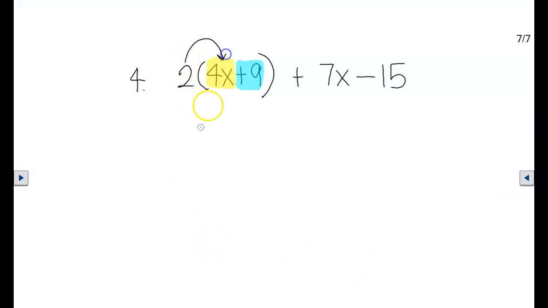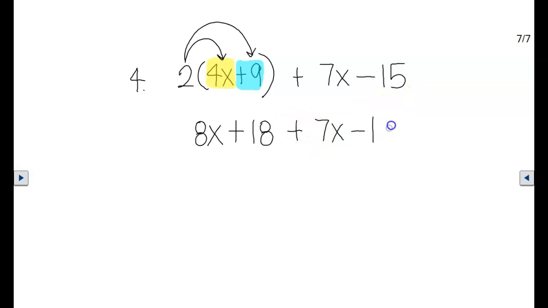So I do 2 times 4x. 2 times 4 is 8. Reattach x. Then I do 2 times positive 9, positive 18. So plus 18. So that gives me 8x plus 18. These other two terms, I'm just going to move down just like they are.